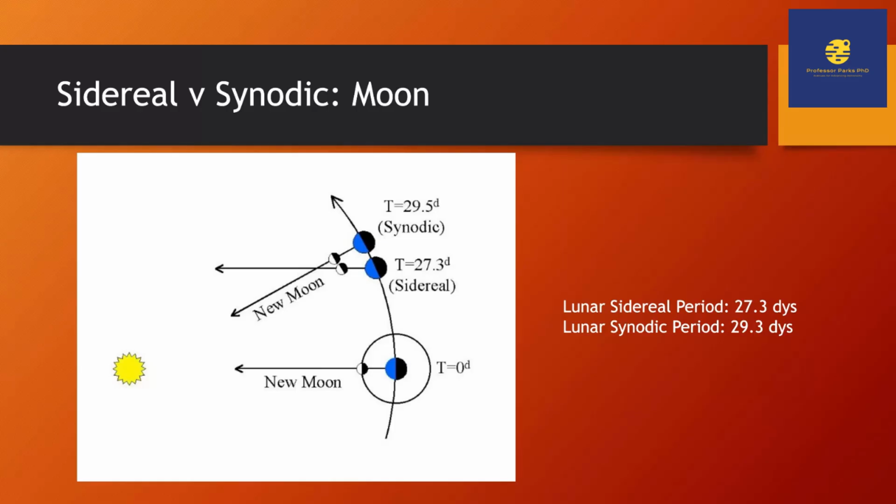If you wait 27.3 days, the moon will be in the same part of the sky in reference to that background star Vega, for example. And then you have to wait another couple of days in order for the moon to rotate back into a position so that you can get that alignment of new moon, where you have moon and sun back to back, or in roughly the same line.